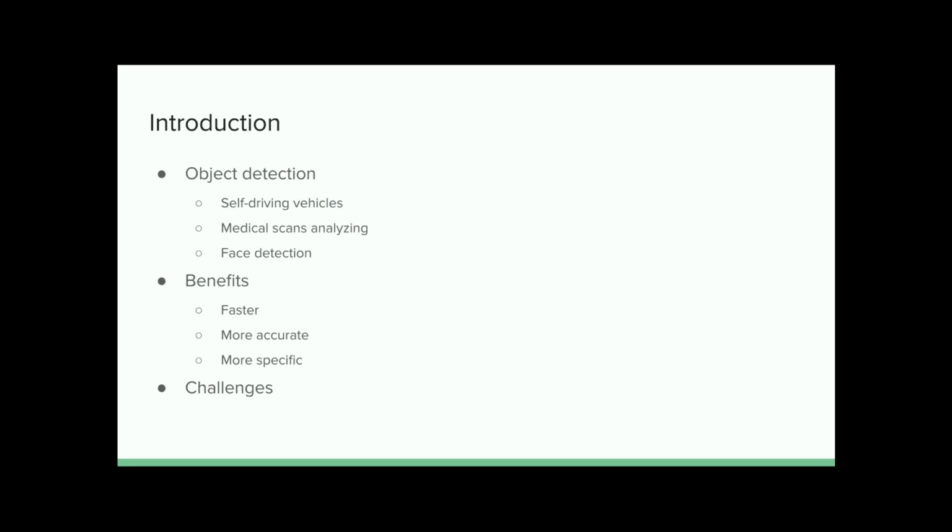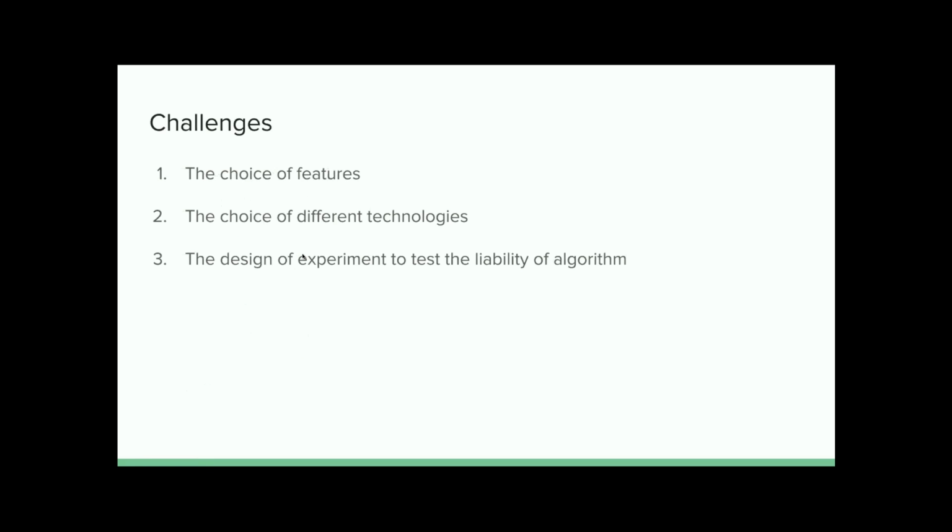And of course, there are challenges as well. Firstly, this paper was designed to use object detection in the field of film, to discover the potential of object detection not only in the physical world, but also in the visual world, in the field of cinematics.